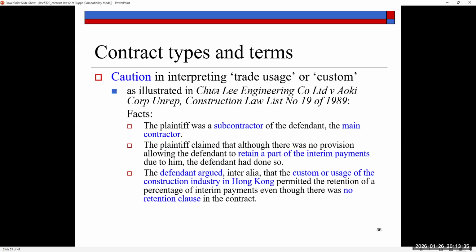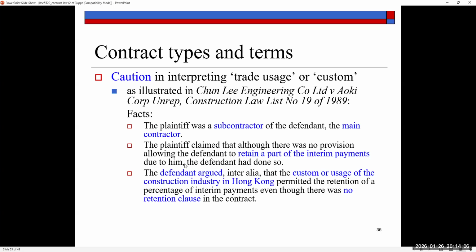It's quite a famous company in plumbing and drainage contracting work. And Aoki is a Japan-based construction company. It's often main contractor, subcontractor, in building construction work. So in that case, the plaintiff, Chen Li, was a subcontractor of the defendant, Aoki, the main contractor.